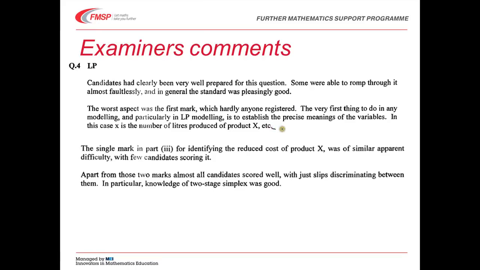And it says that specifically here. A lot of people didn't get the reduce the price by 16.5 pence, and apart from those 2 marks, they all scored well, with just a few people not being able to set up the 2-stage simplex at the end.